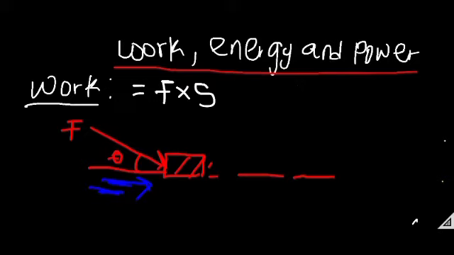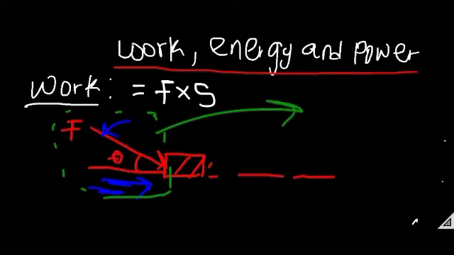So we try to resolve this force that is inclined to the horizontal. When we resolve it, we have something like this. This is the angle theta, and this is the force.